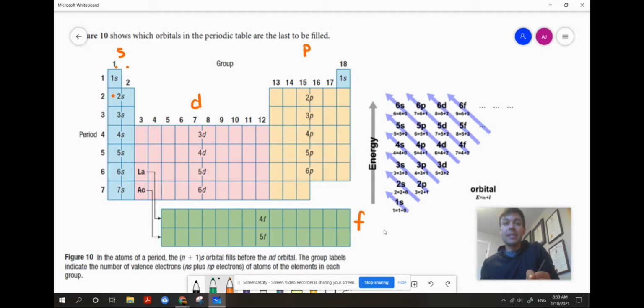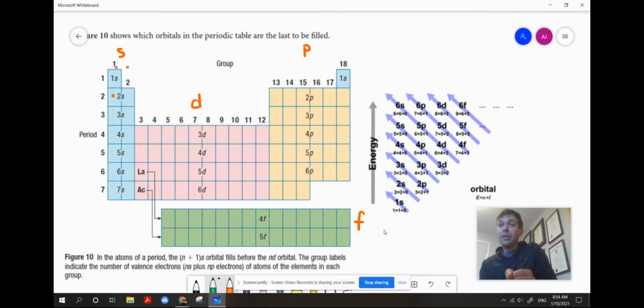So that tells me its highest energy electrons are in the 2s sublevel. What about over here? Think carbon. Carbon is in the second period, but over in the p block. So that tells me its highest energy electrons are in the 2p sublevel.